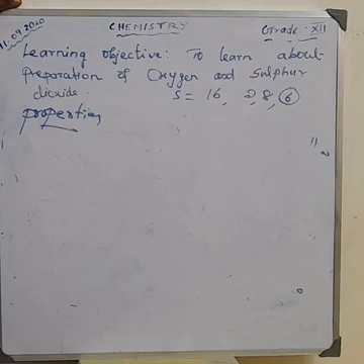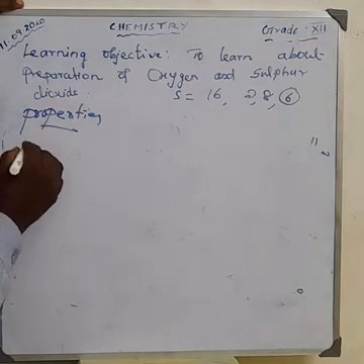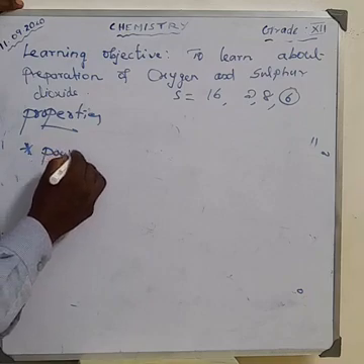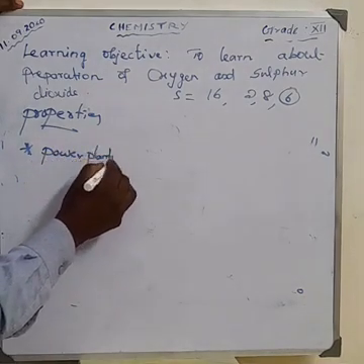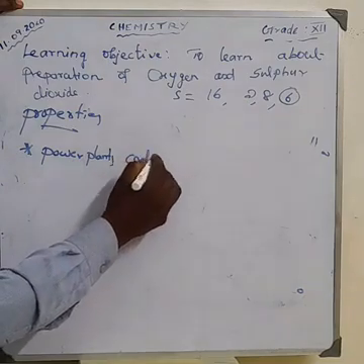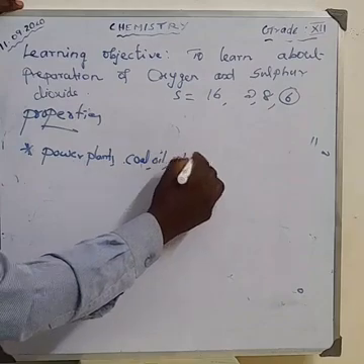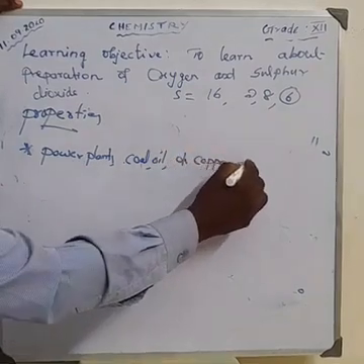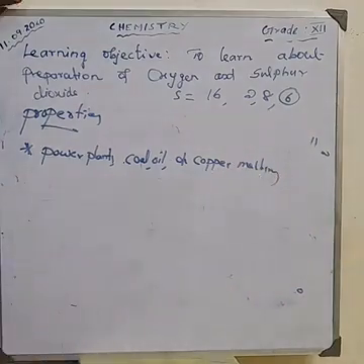A large amount of sulfur dioxide gas is also released from power plants using coal and oil, and from copper melting into the atmosphere.